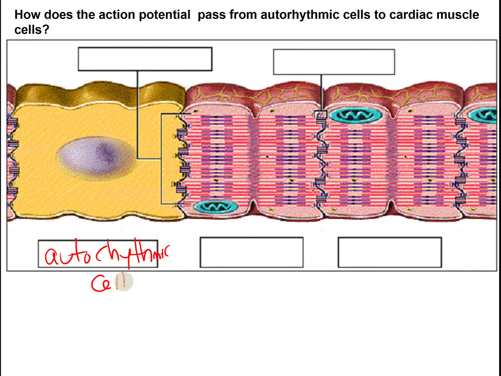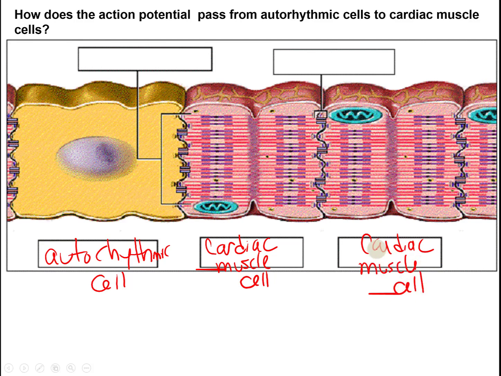And then these are also supposed to be cardiac muscle cells. Okay, so you'll notice in the cardiac muscle cells here, you can see the thick and the thin filaments. That's what these are supposed to be. There's a nuclei. Okay, so these are all cardiac muscle cells. This part here that you see between the cells is supposed to be the intercalated disc.